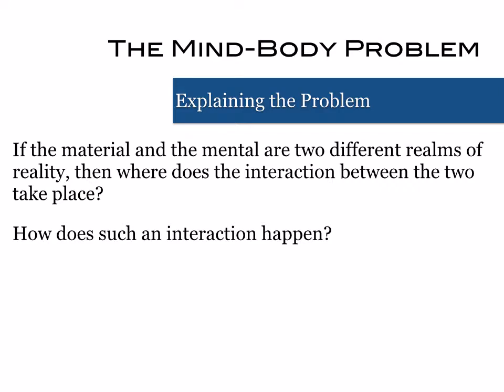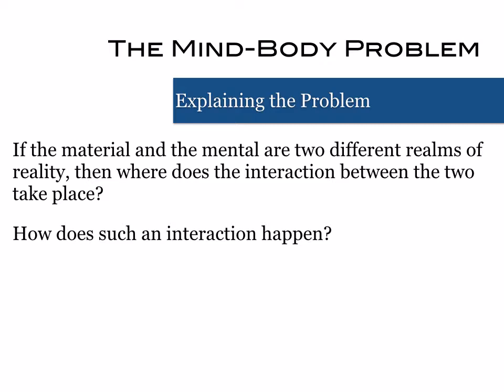If the mental world is not in the space-time continuum, it's some other realm, then where does the interaction happen? Well, it wouldn't be in the material world because by definition, the mental world is outside of the material world. But likewise, where does the interaction happen?